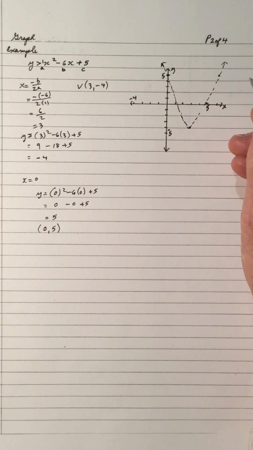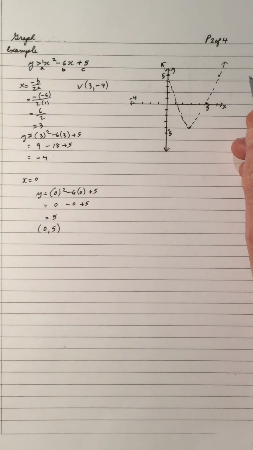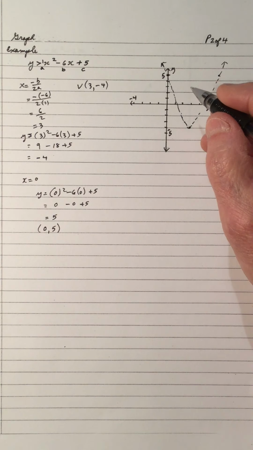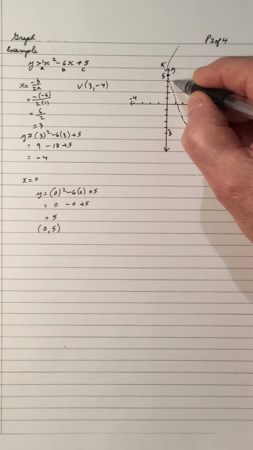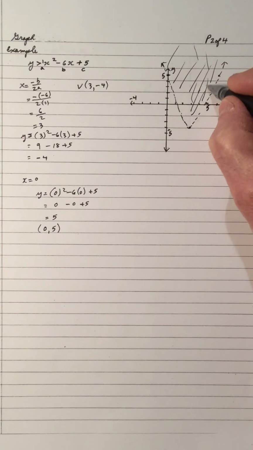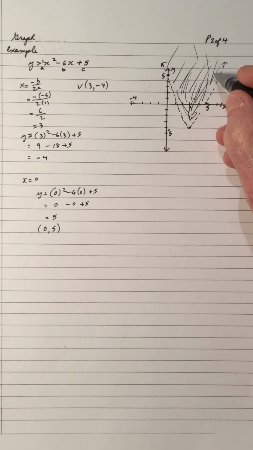So now what happens? Y is greater than, we discovered on the previous video. I can do two things. I can say this is the parabola, greater than would be up, so this would be greater. All points that are inside, if you think about it, in this parabola. Not the boundary line, because there's no equal sign.